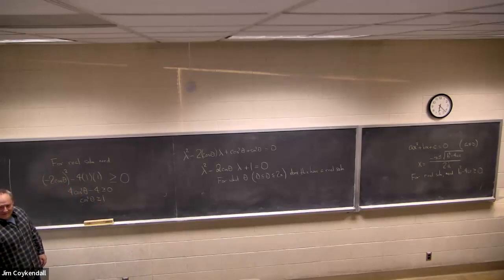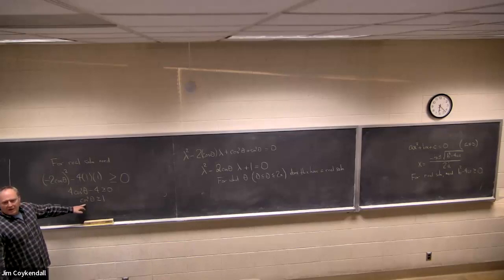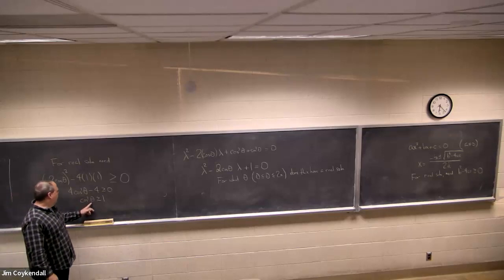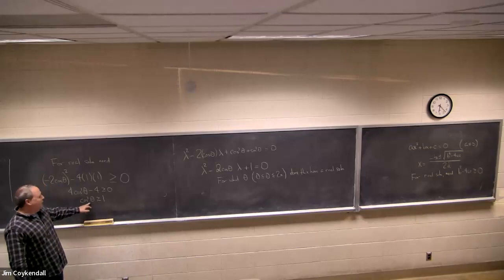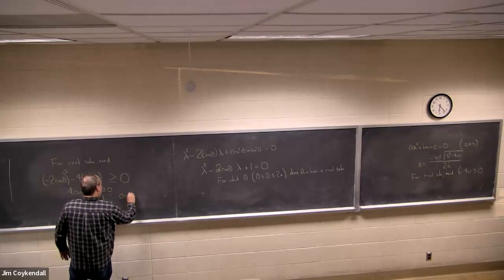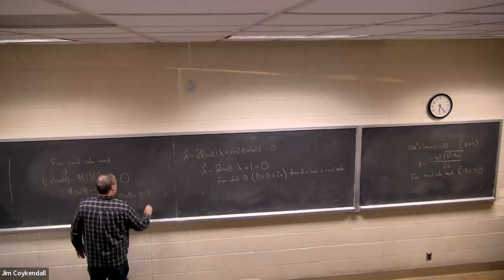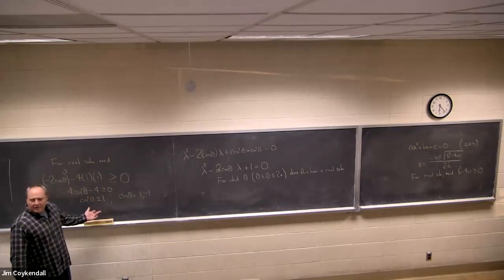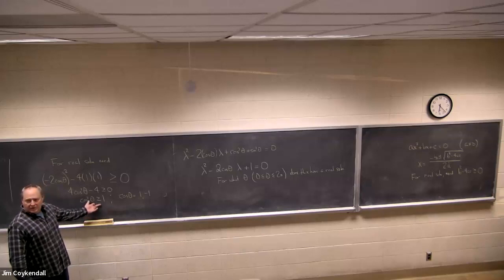Right? Is this ever possible? Oh, sure it is, but it has to be equal. It can't be greater. So the cosine of theta has to be 1 or minus 1. It's got to be one of those two. That's the only way that this holds.